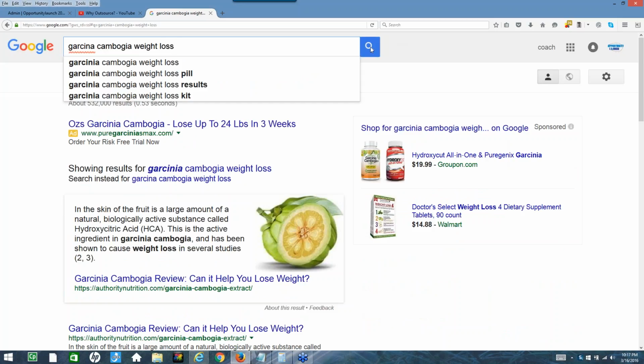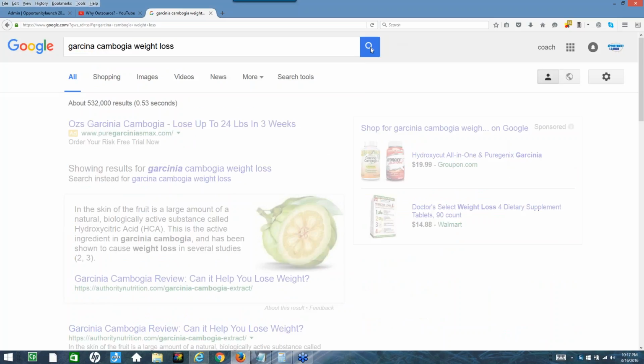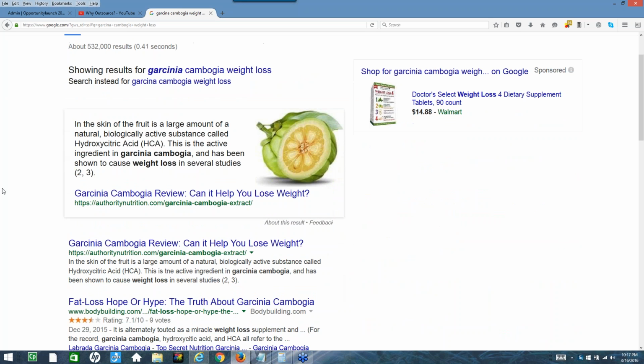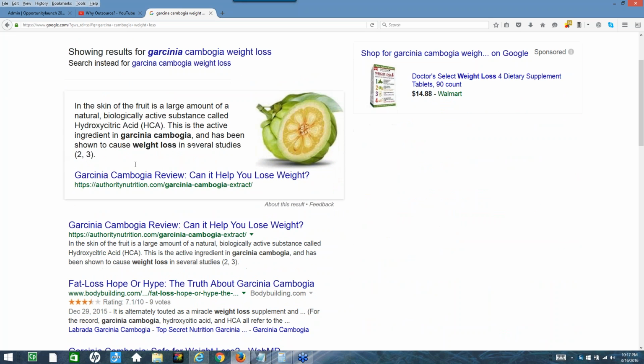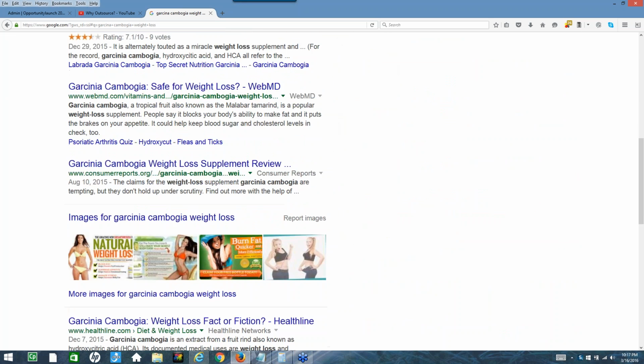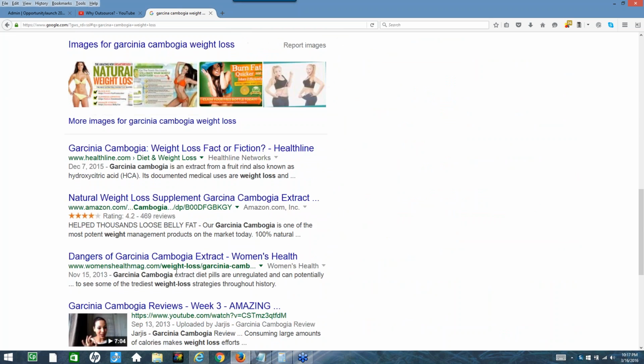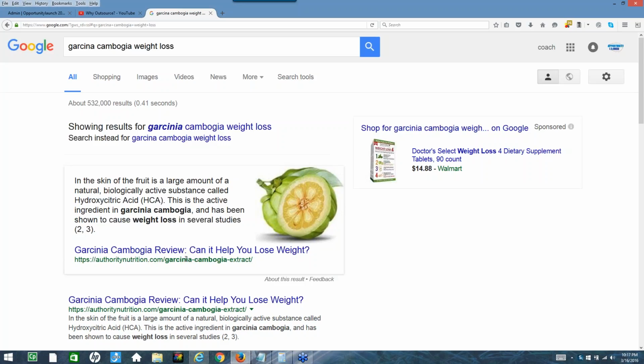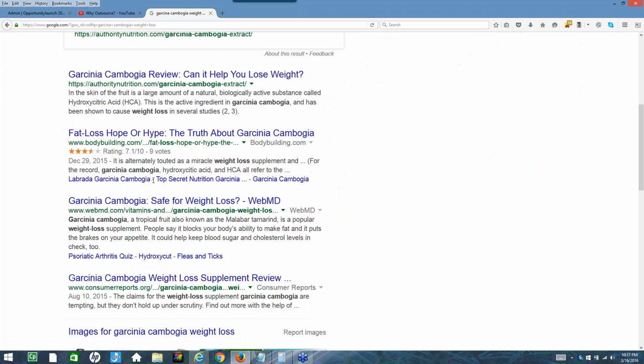So I'm going to go ahead and hit the search result here. And now you're seeing this particular word, actually getting kind of lucky, has no advertisement. Excuse me. There are no ads showing.